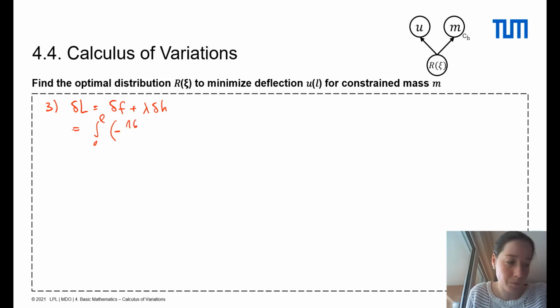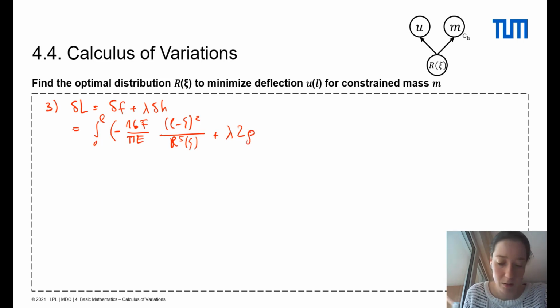So I have the stuff from the delta F term plus the stuff from the delta H term times lambda, and then times V of xi d xi.